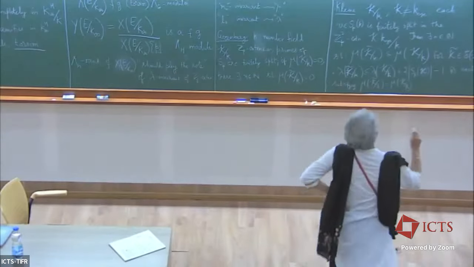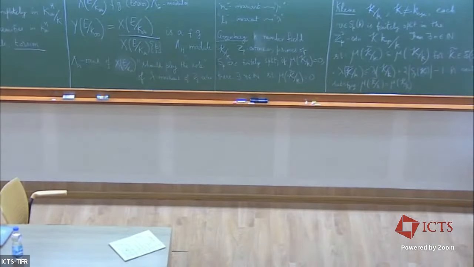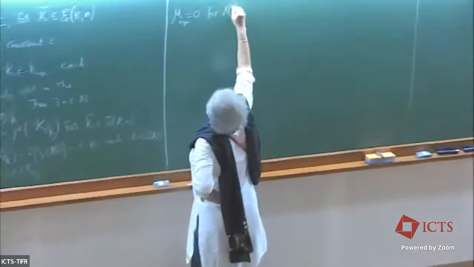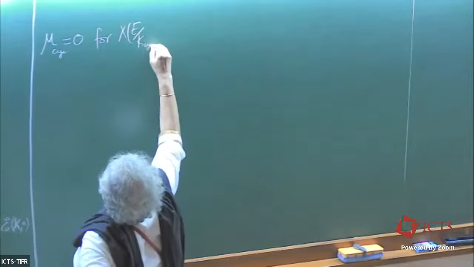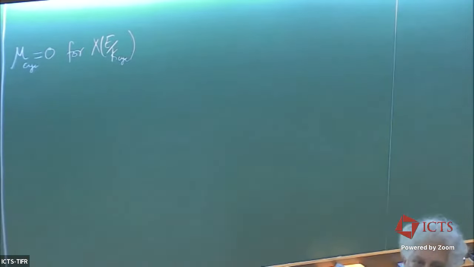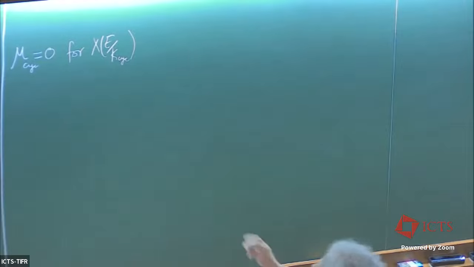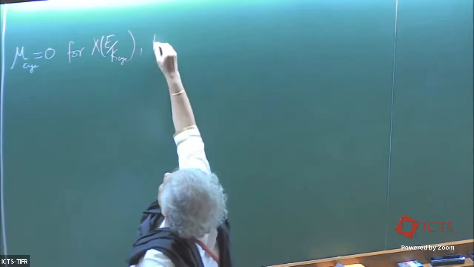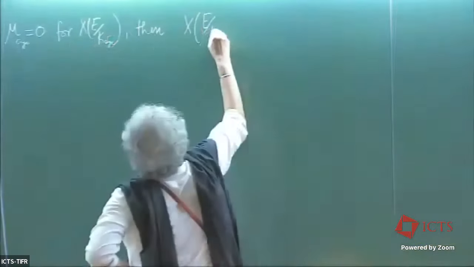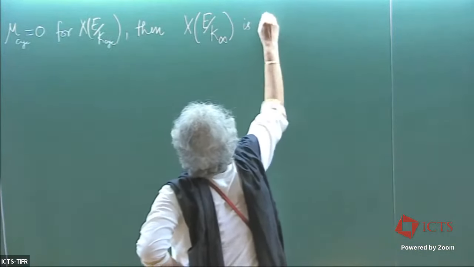So let me write that. If mu cyclotomic equals 0 for X of E over K cyclotomic. Again, this is more general, not necessarily in the Z_p^2 case, more generally true even in the non-commutative extensions, or what is called the p-adic admissible extension case. So then you look at X of E over K infinity. This is Lambda G torsion.